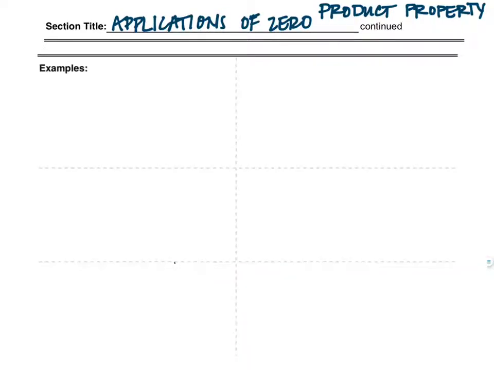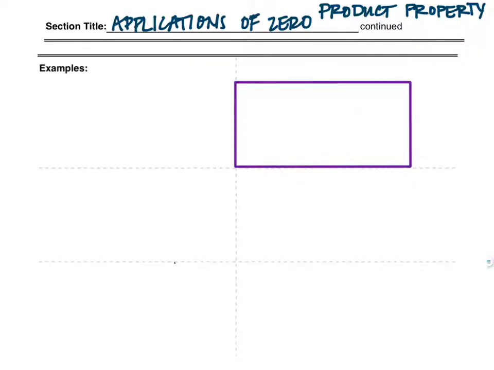Alright, so now I just moved this down so that I had some space. So just looking at the examples portion on the back side of this note sheet, what if we were given the figure, and I'm going to draw this figure. It's a rectangle, so go ahead and draw the rectangle.